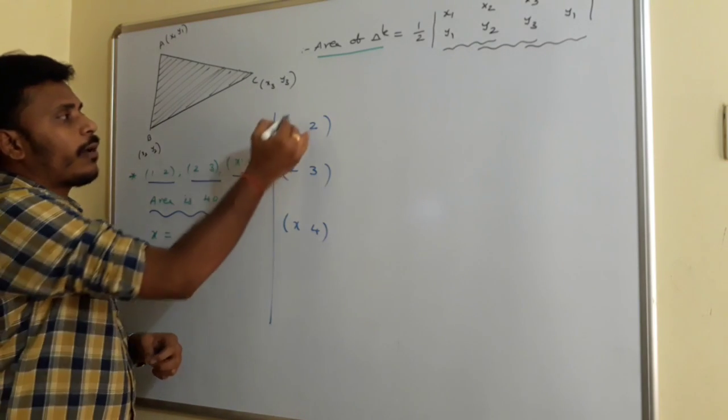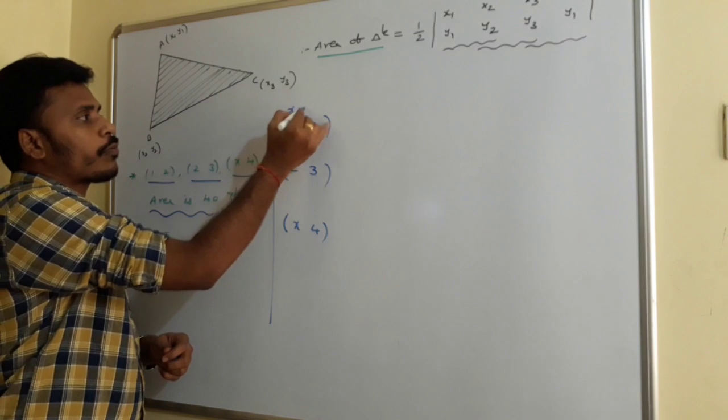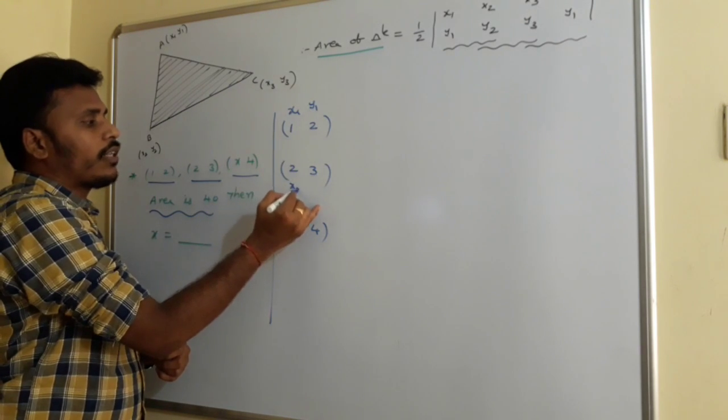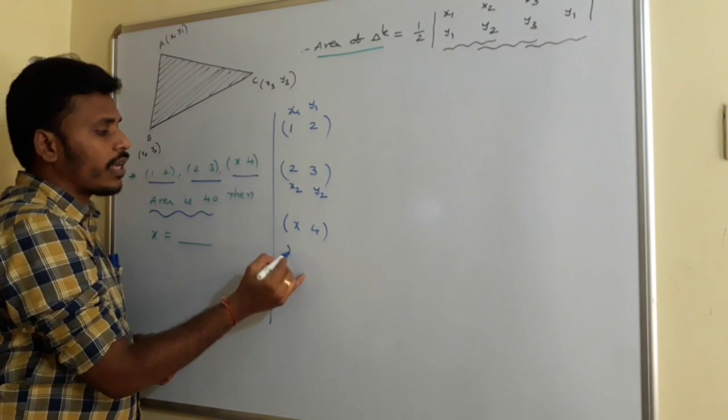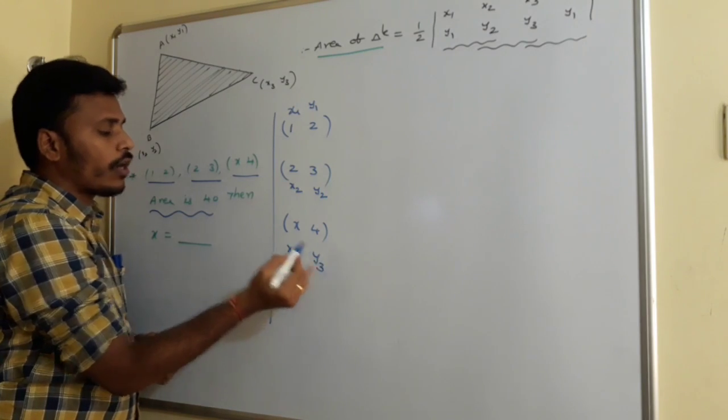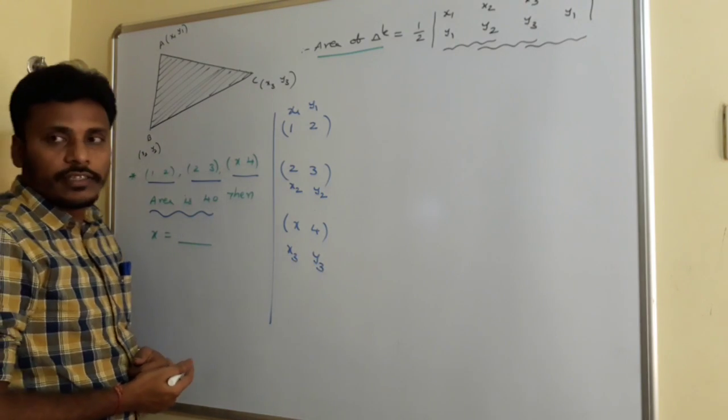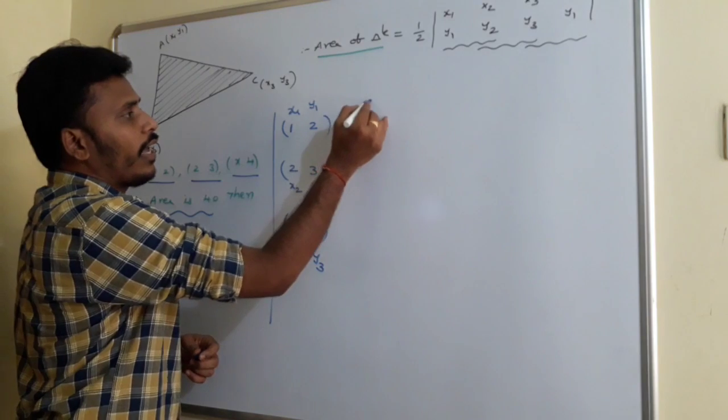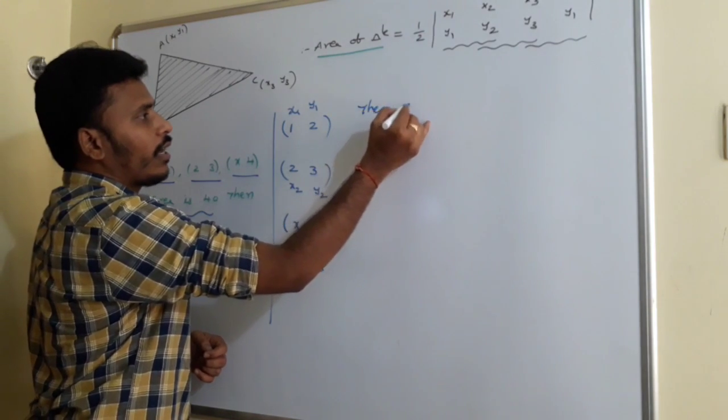To find the area, let the coordinates of the first point be x1 y1, the second point x2 y2, and the third point x3 y3. Then you need to find that area.